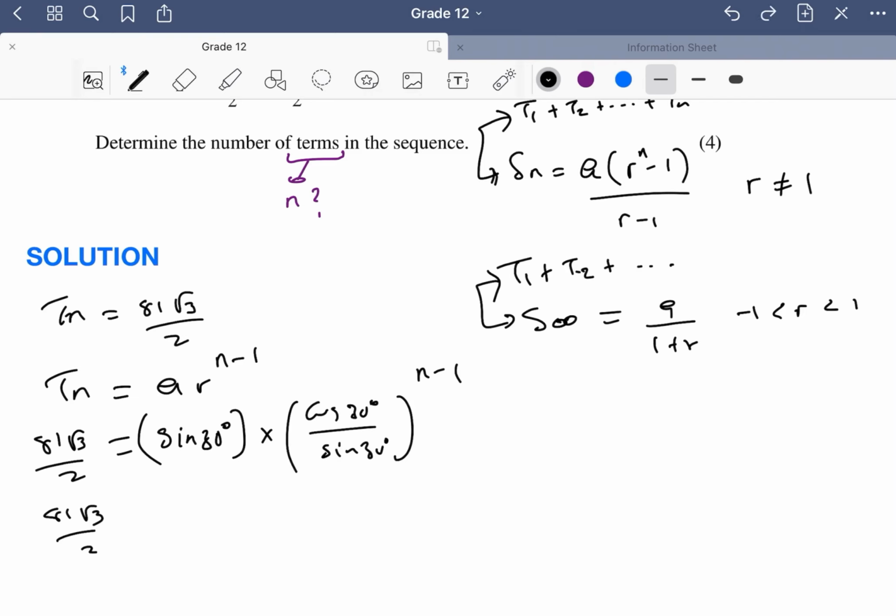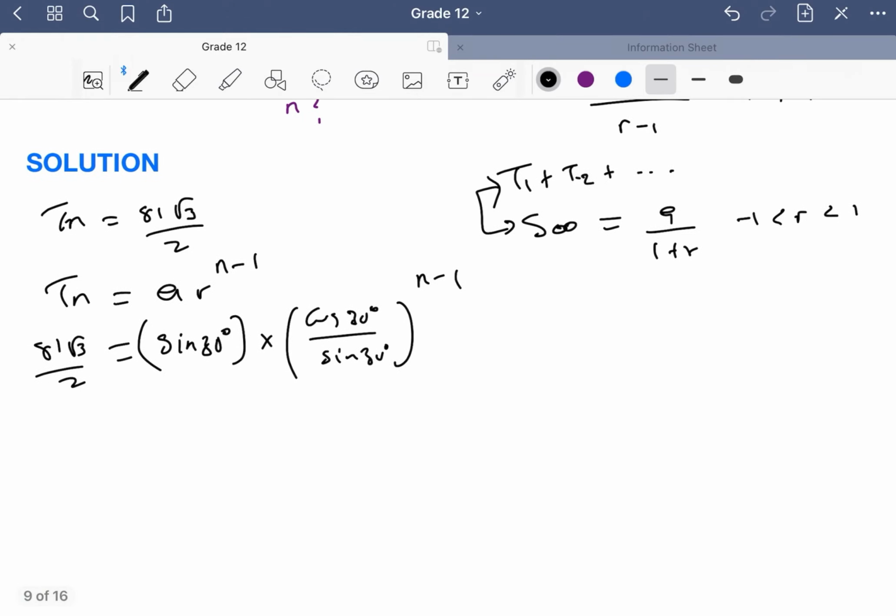You can use the calculator. If you want to use a calculator, you can do it, it's still fine. I will still recommend using your mind every time, right? But you're looking for n here. We need to solve for this n over here, right?